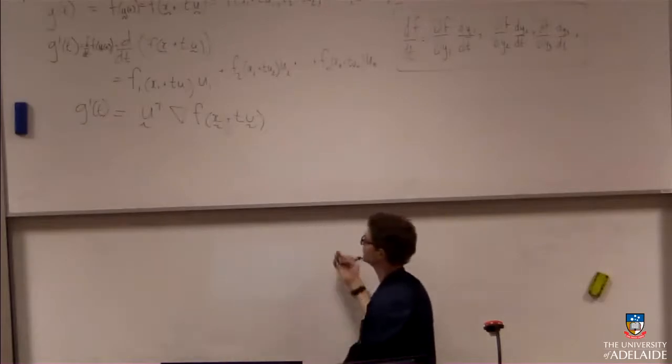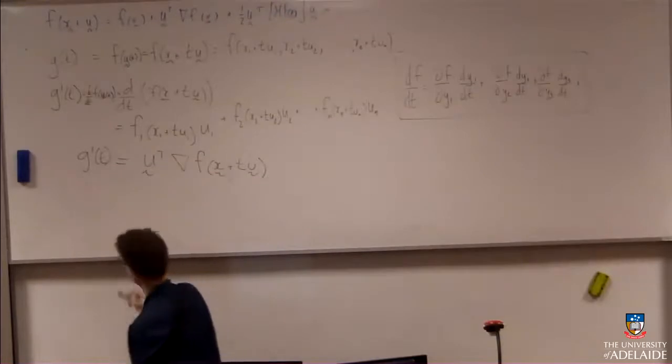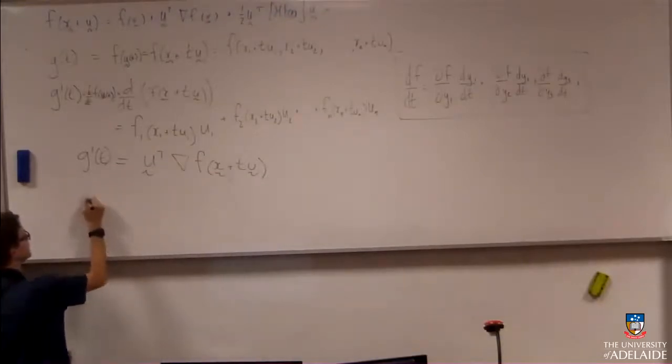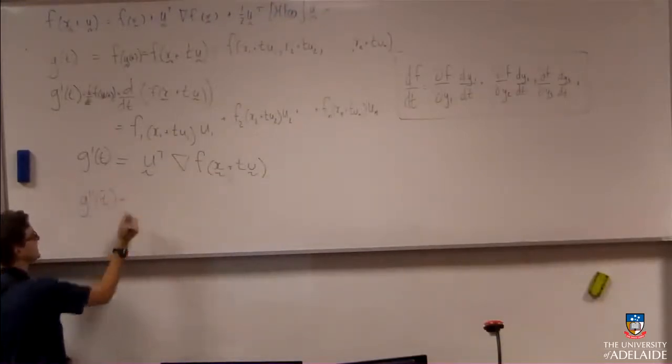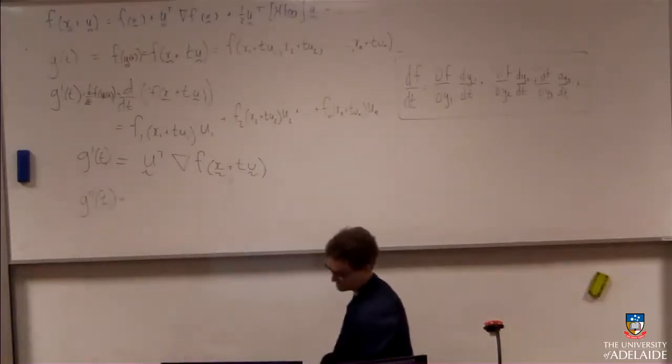So I need to do all the other derivatives here as well. Let's do the second derivative, g prime prime of t. If I differentiate that again, I get this same deal coming through here.